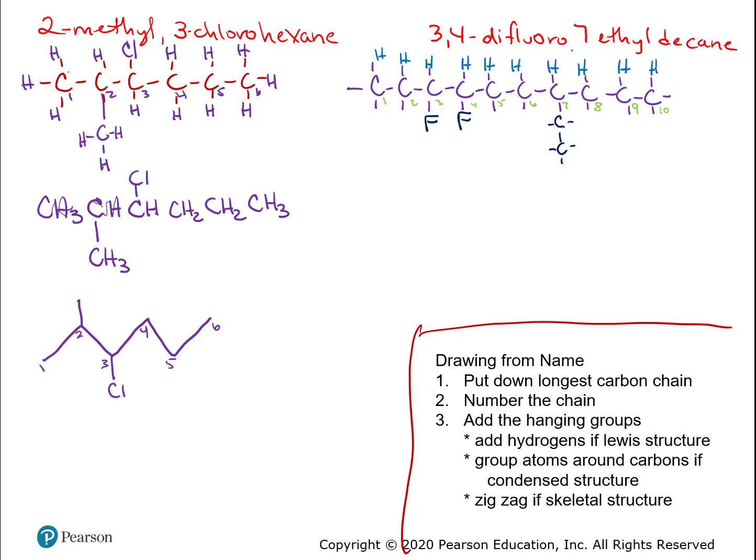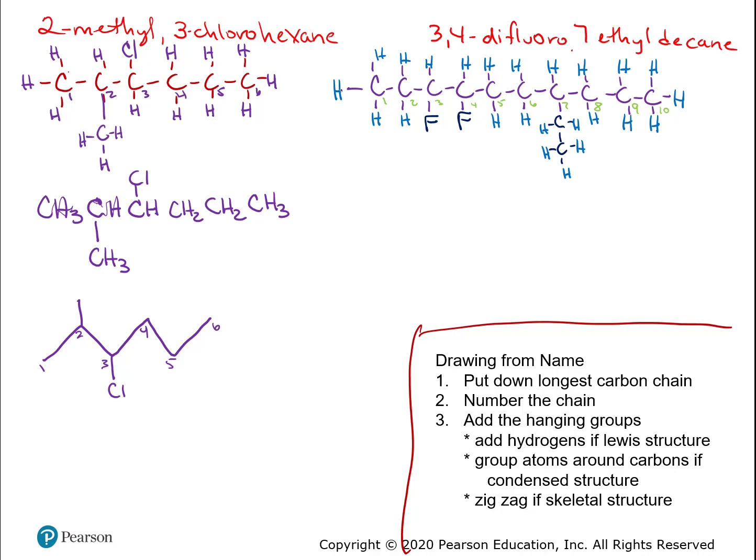All the dashes that don't have anything, those are hydrogens. That's the Lewis structure. Lewis structure shows all the dashes. Everything is spread out. You're showing all the bonding.